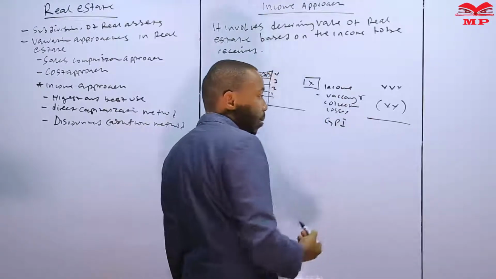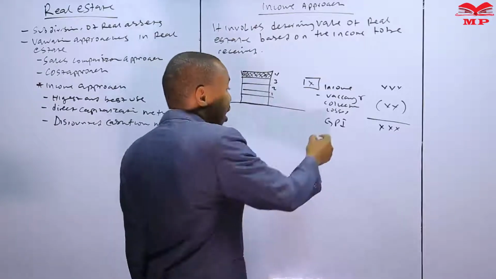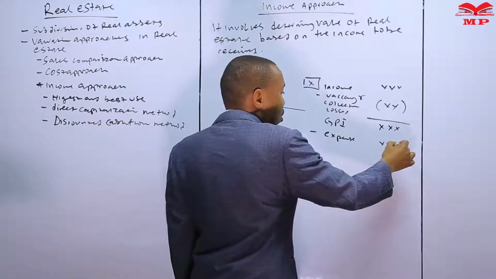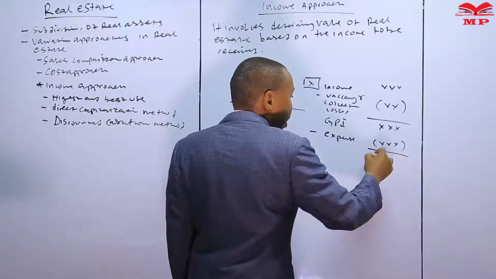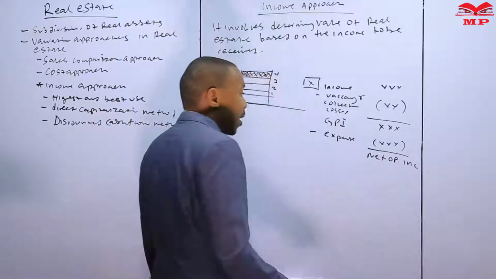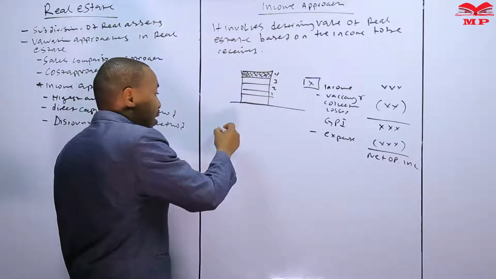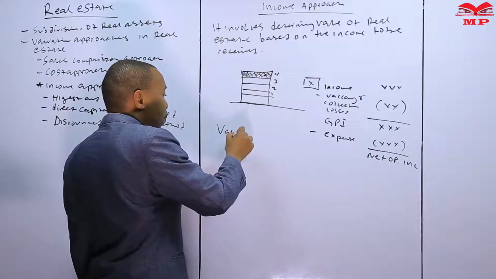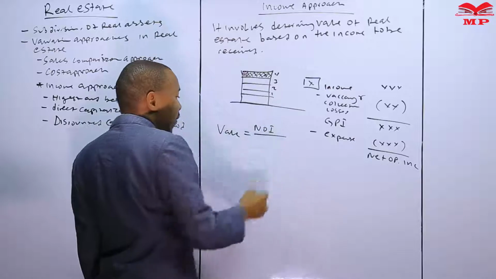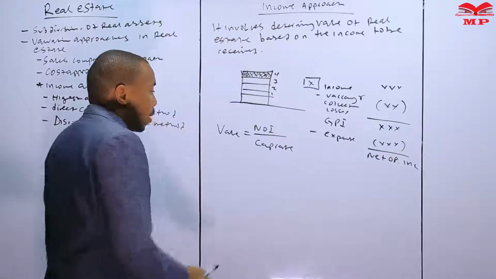Once you have the gross potential income, you need to less the expenses so that you can get the net operating income. Now, to determine the value based on the income approach, value is given as the net operating income divided by a cap rate.